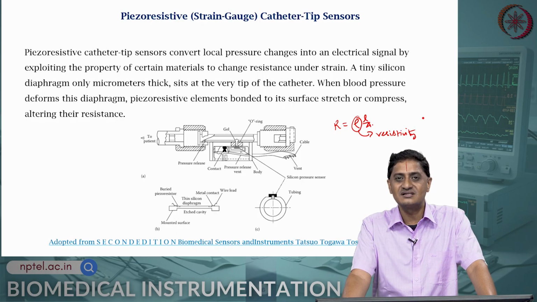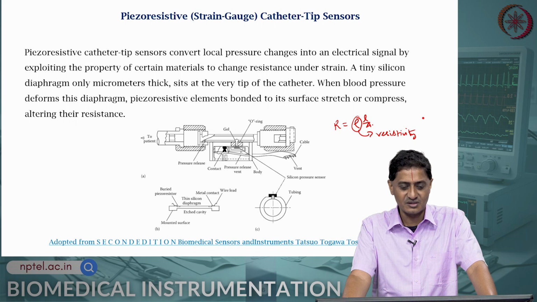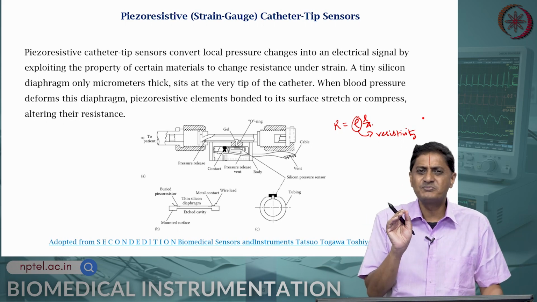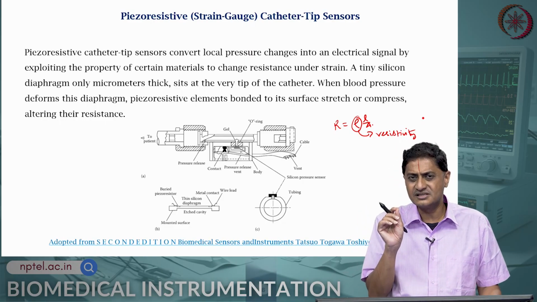So, it essentially converts pressure changes, local pressure changes that happen in a small zone, into an electrical signal by exploiting this piezoresistive property of the semiconductors. So, these are essentially silicon strain gauges that are only a few microns thick. That means this is high technology. This is placed at the tip of the catheter.